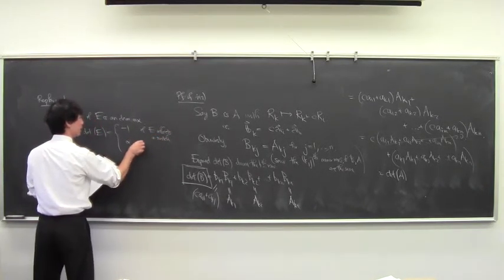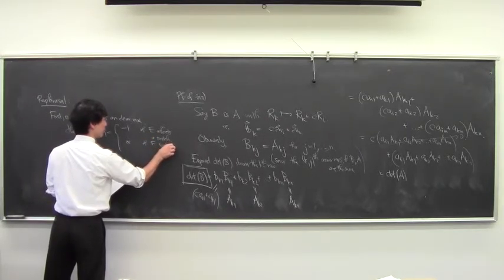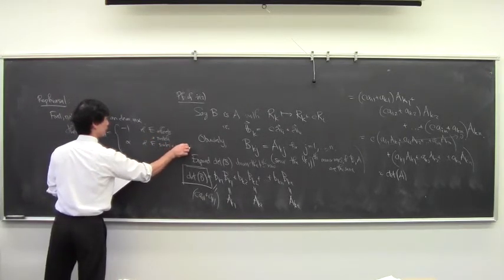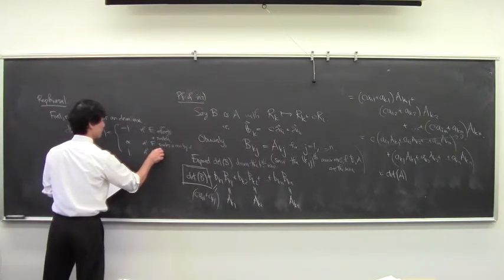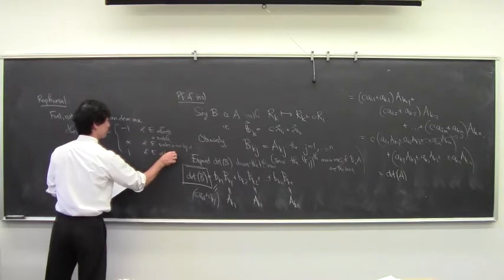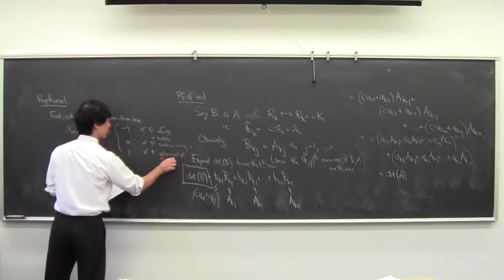It's going to be alpha if E scales a row by alpha, and it's going to be 1 if E adds a multiple of one row to another.